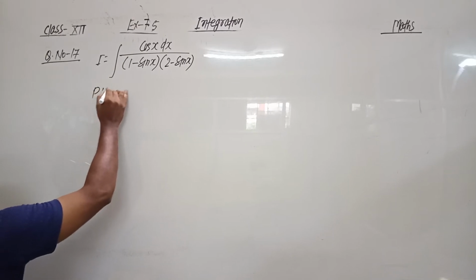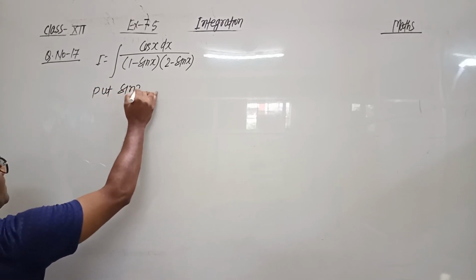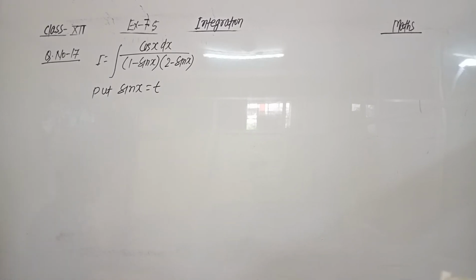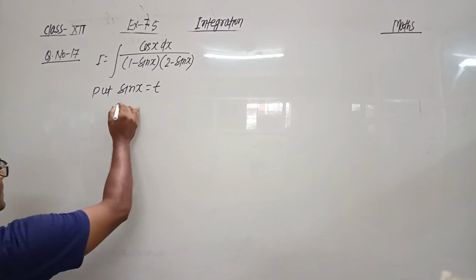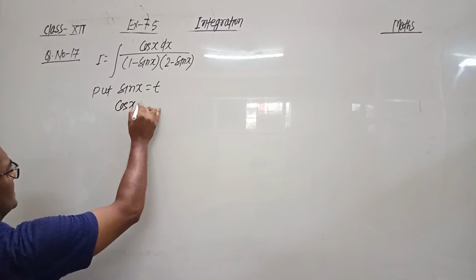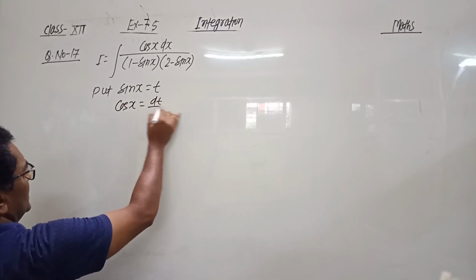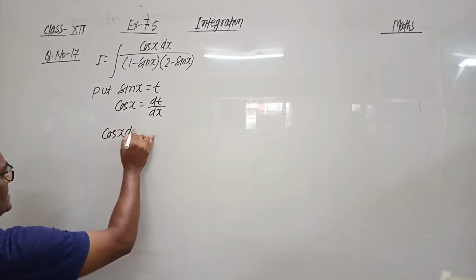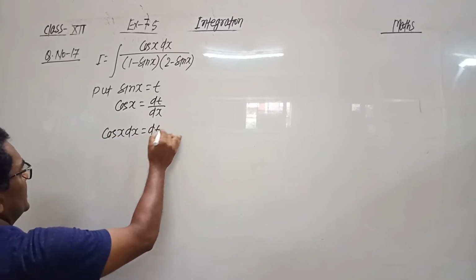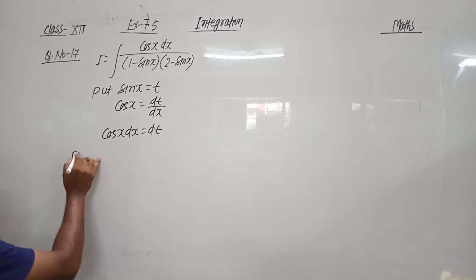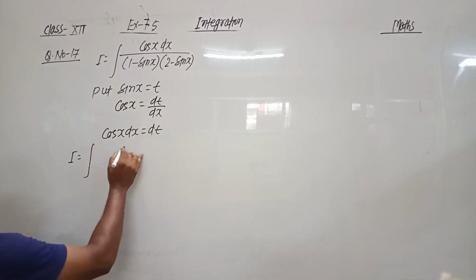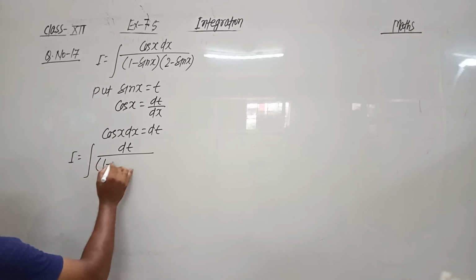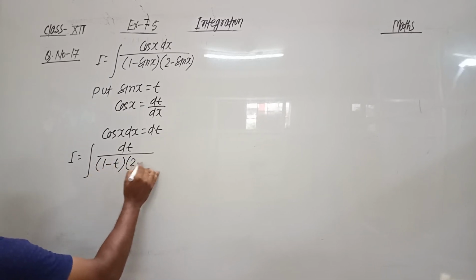So put sin x equals t, because the differential coefficient of sin x, cos x dx, is available. Differentiation of sin x is cos x, differentiation of t is dt by dx, and cos x dx equals dt. So it becomes I equals integration dt upon 1 minus t and 2 minus t.